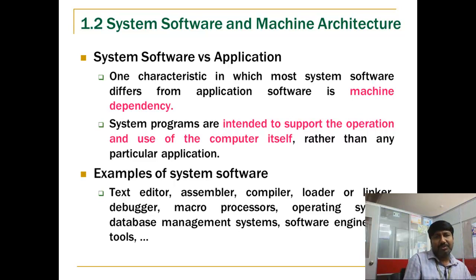Of course, we may use system program and system software interchangeably. So what are the examples of system software? Text editors, assemblers, compilers, loaders, linkers, debuggers, microprocessor, operating system, DBMS (database management system), software engineering tools.